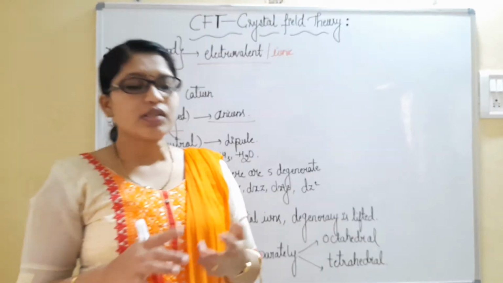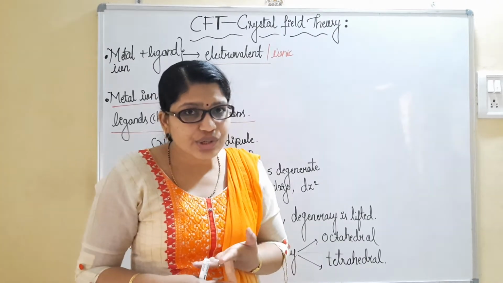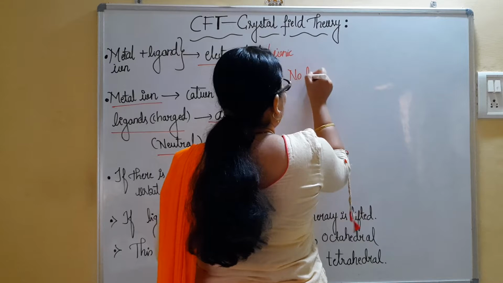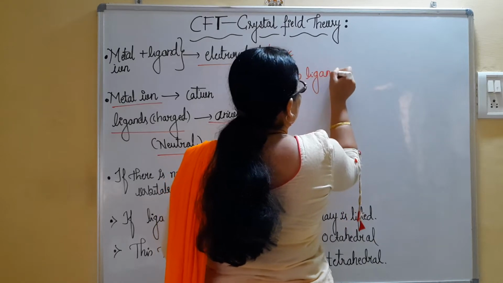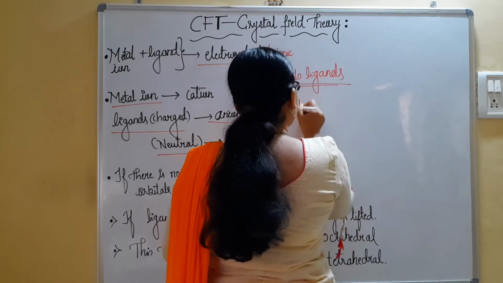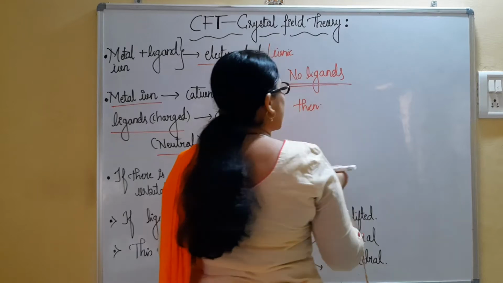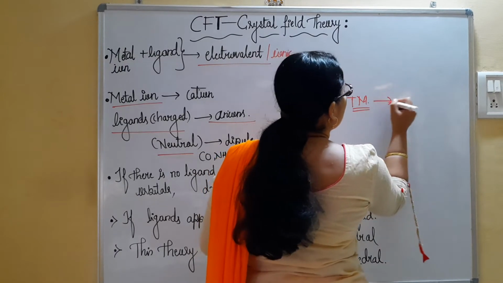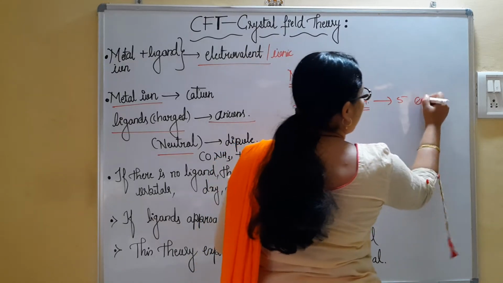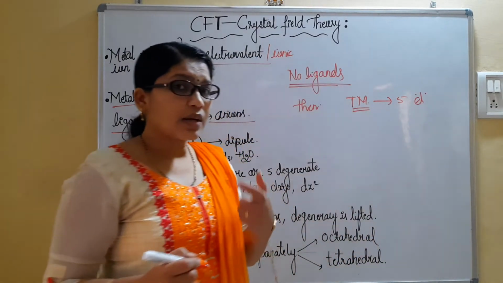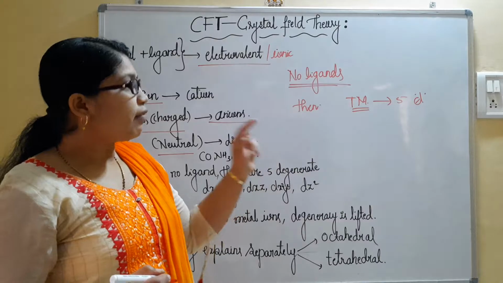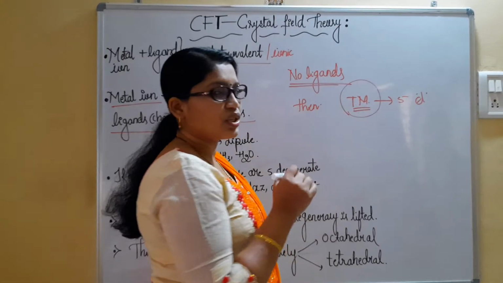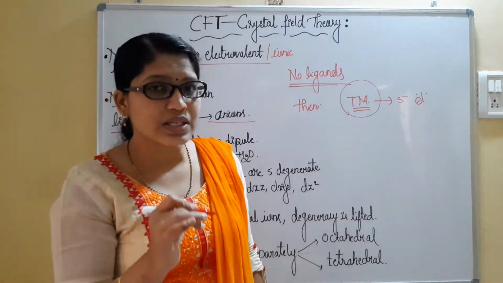I repeat my words. In the absence of ligands, the transition metal will be present with 5 d orbitals, and the surprise is that all the 5 d orbitals surrounding the transition metal are degenerate.